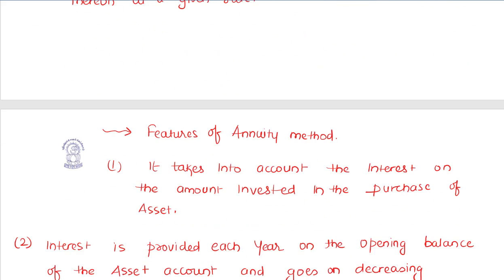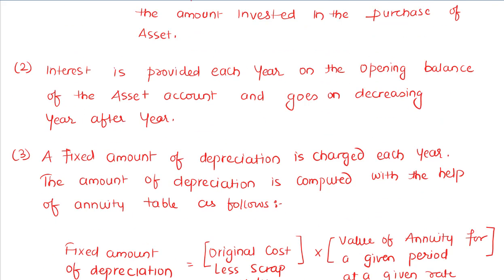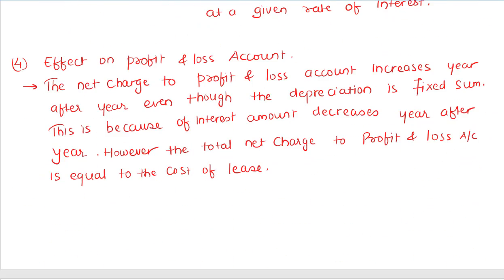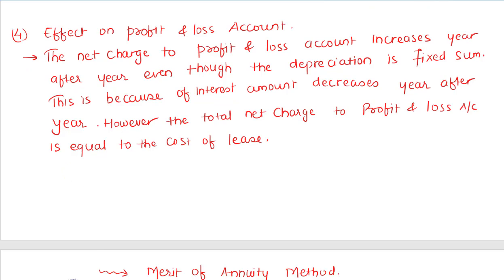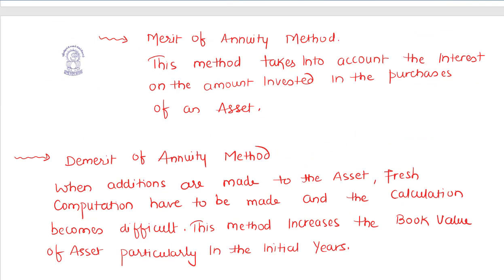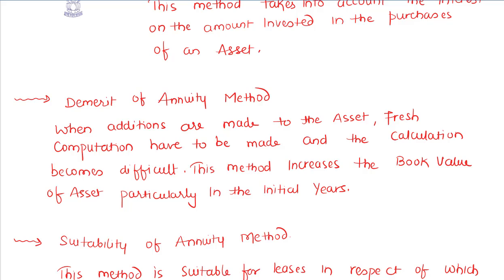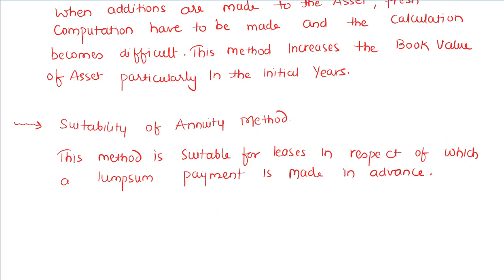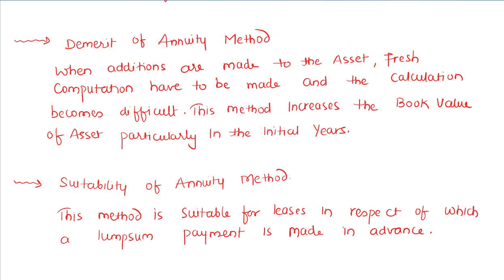Then we have written the meaning of annuity method, the features, the merits, the demerits, and in which cases the annuity method will be suitable. So the answer is in the lease cases, this method is suitable.